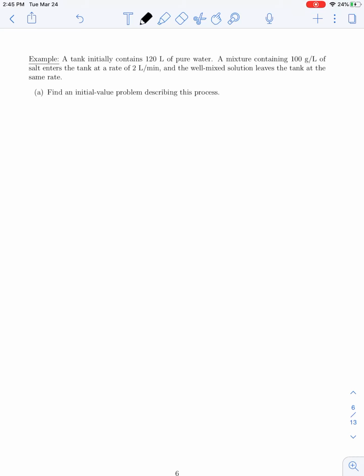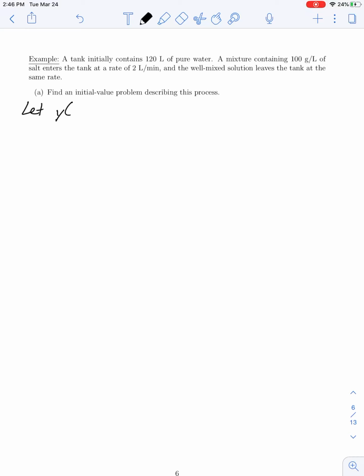What we're given in the problem statement is information about how quickly the amount of salt in the tank is changing based off solution that we're pouring into the tank and solution that is leaving the tank at these given rates. So what we're interested in this problem is the amount of salt in the tank at any given time. And in part A, we're asked for an initial value problem which describes this process.